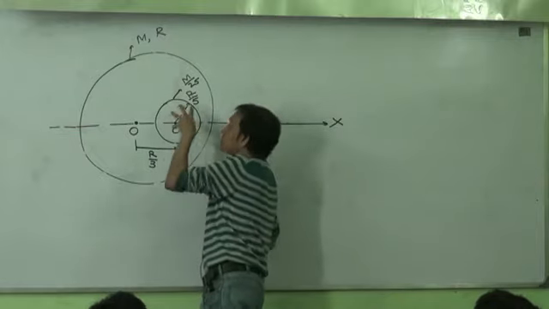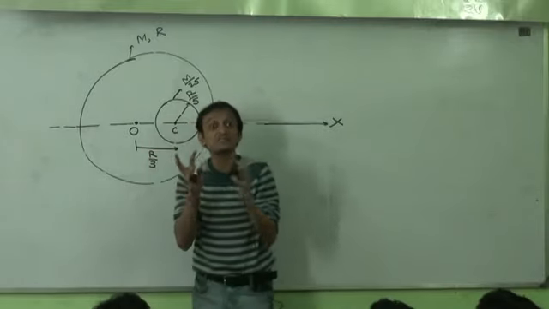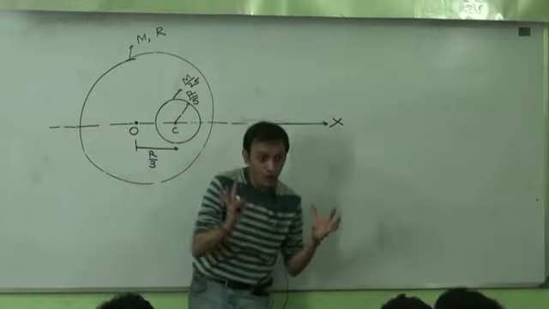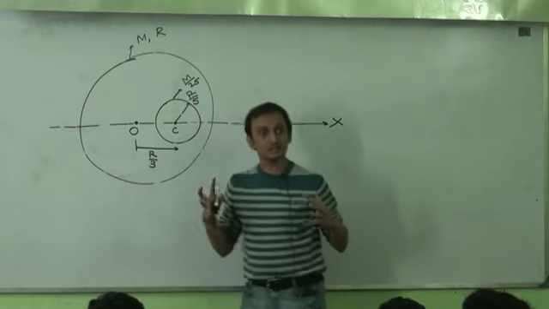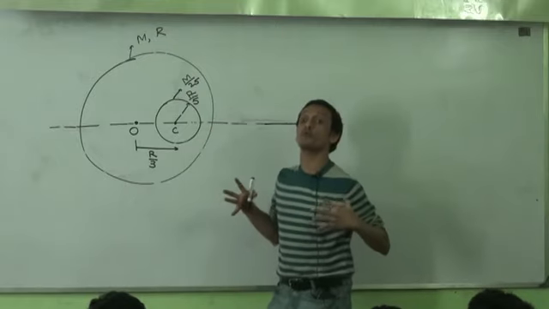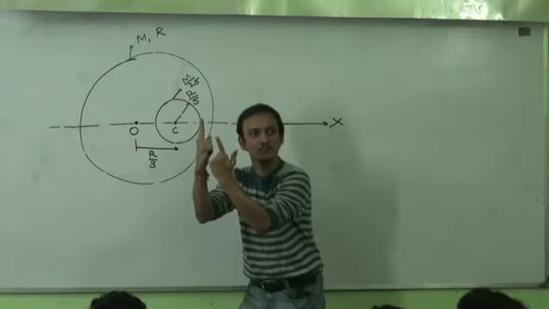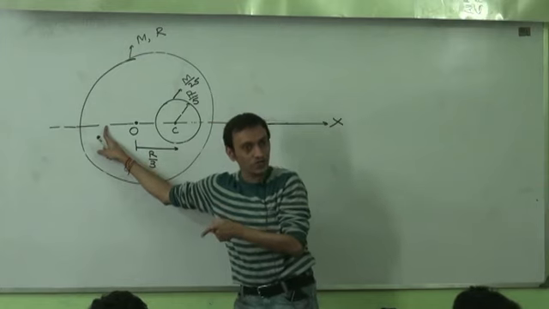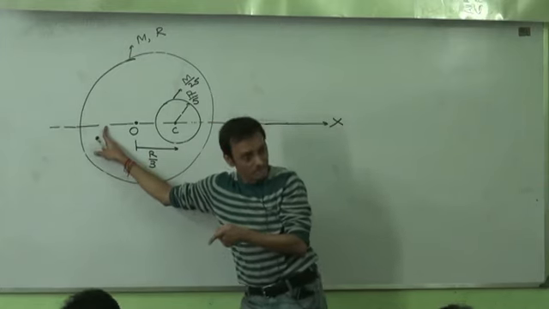But now if you remove this mass, then the portion to the right of O becomes less heavy compared to the portion to the left of O. So you would expect the center of mass to show proclivity towards the left, and the new center of mass would get shifted to the left of O, right?